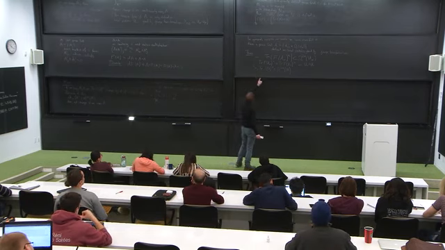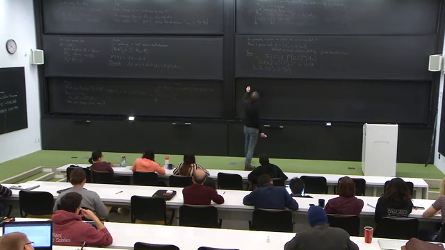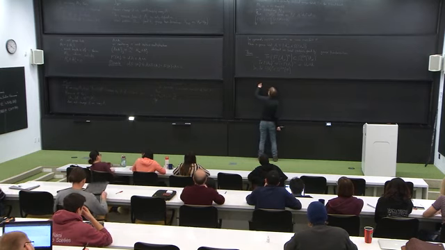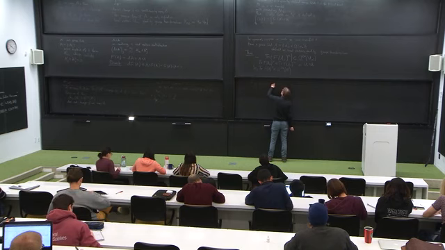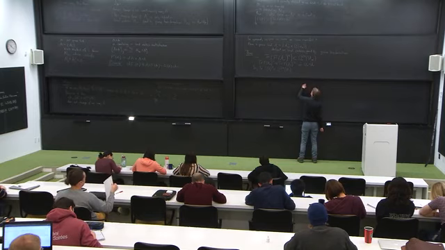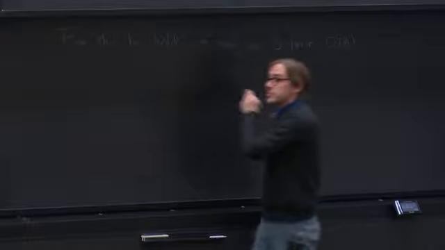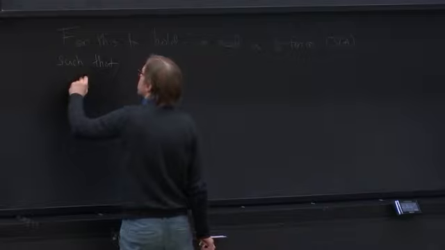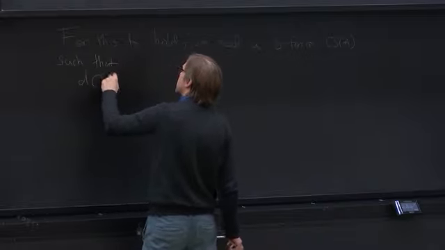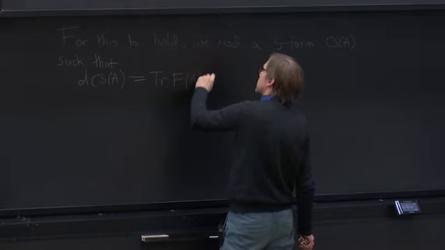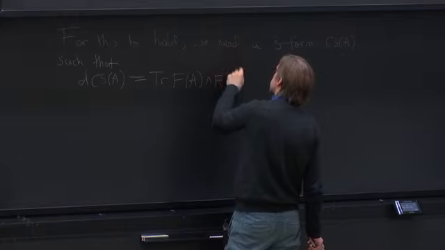Okay, so if we want that equation to be true, we need to find a 3-form whose derivative d of CS(A) is equal to trace of F(A) wedge F(A).